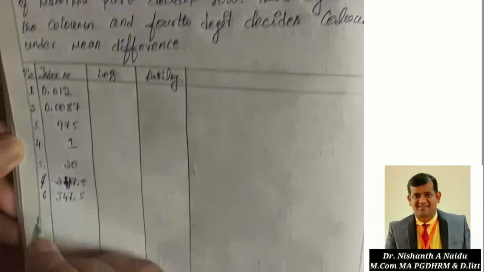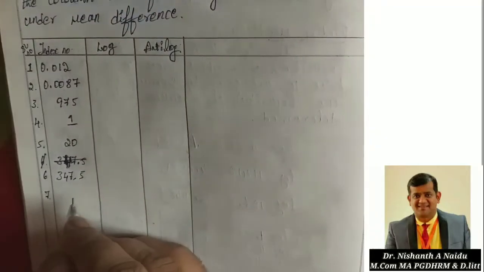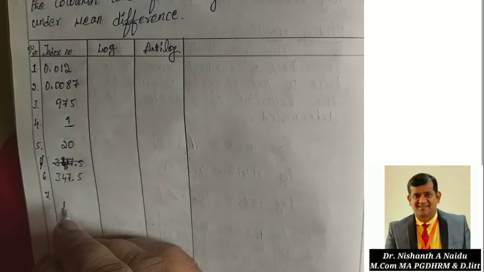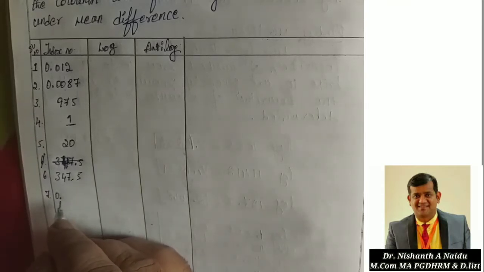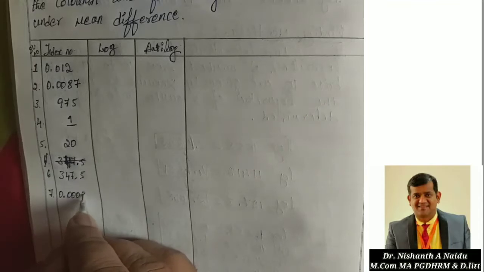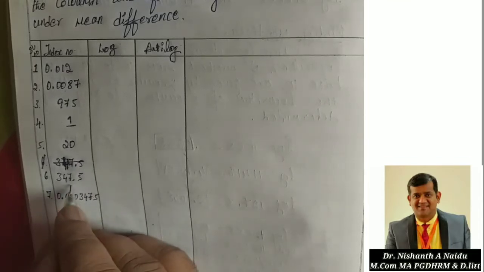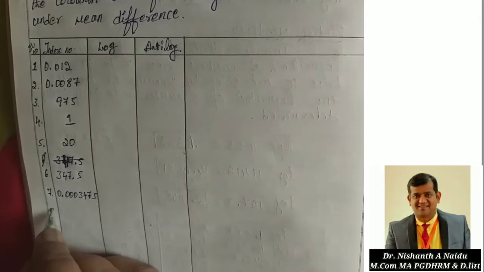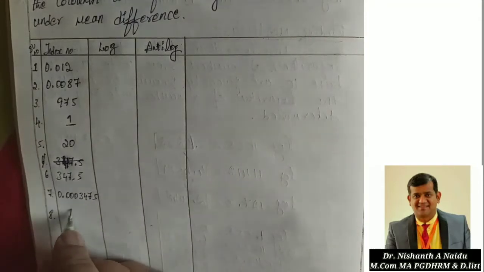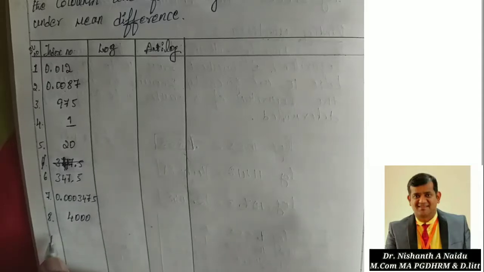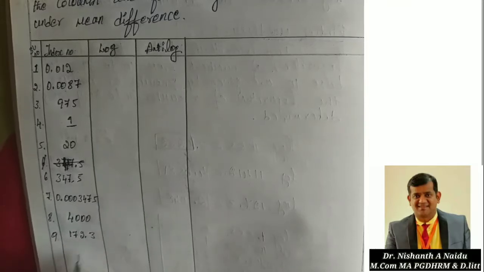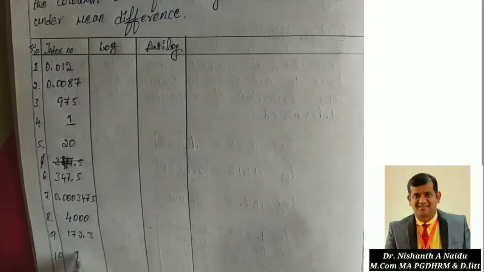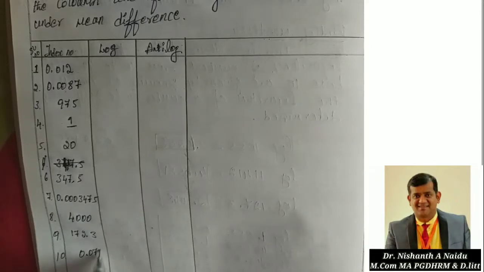Then the seventh, one more number with more digits after the point, 000347.5, which I have just converted here. Then the eighth number is 4000, the ninth number is 172.3, and the tenth number is 0.075.